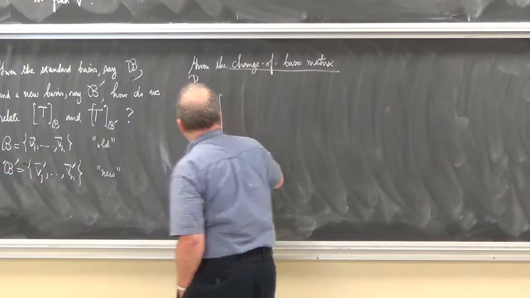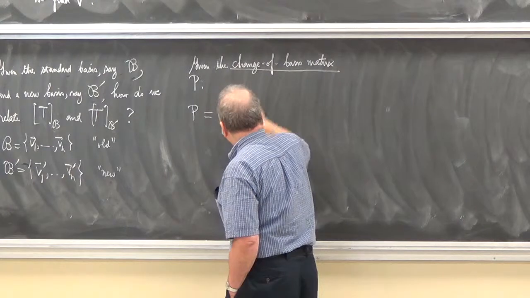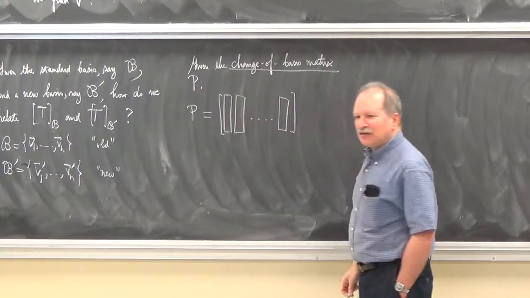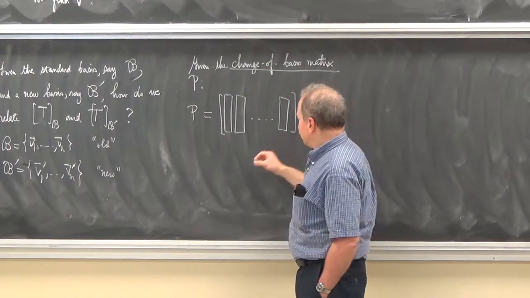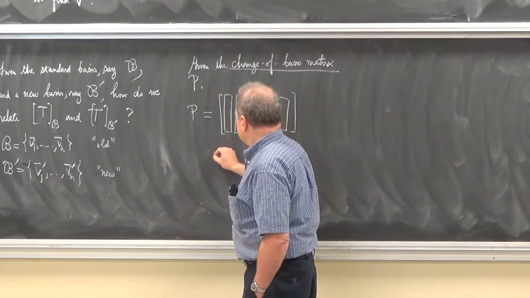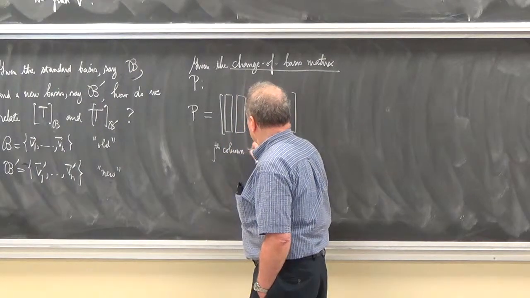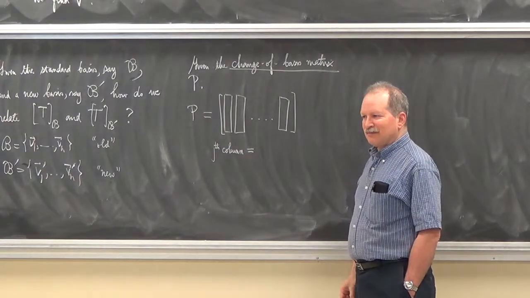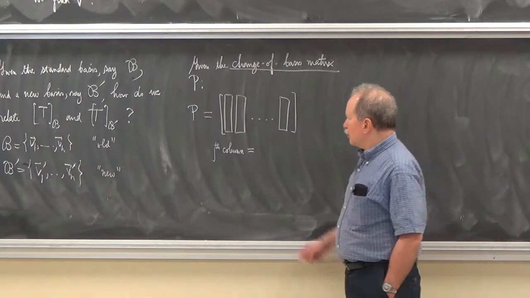Well, I'm going to think of it this way. I'm going to again use columns. That's what we always do. And what do you think the jth column of P is going to be? So what do we feed to P and what do we want to come out?